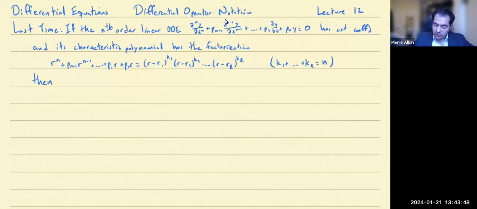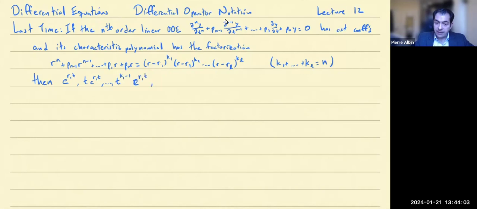So the k1 solutions corresponding to r1 are e to the r1 t, then t e to the r1 t, and so on until you get to t to the k1 minus 1 times e to the r1 t.